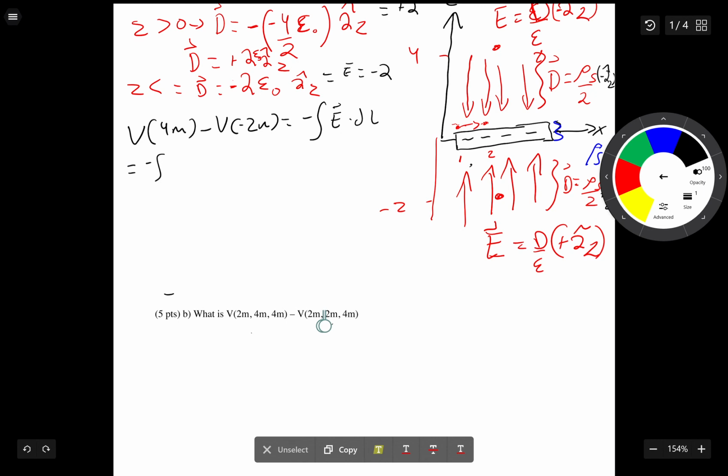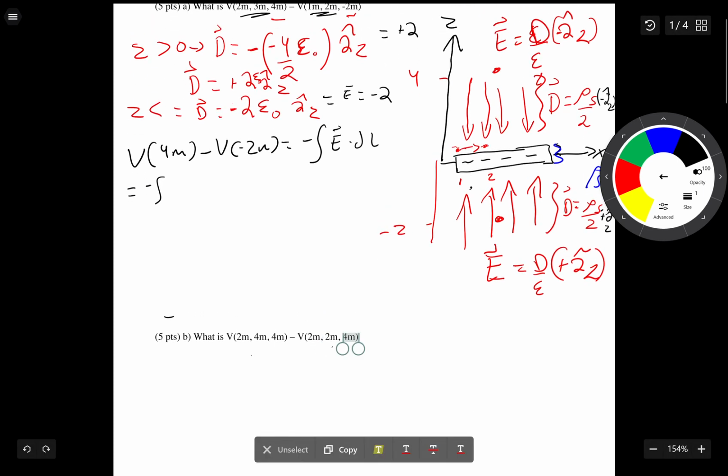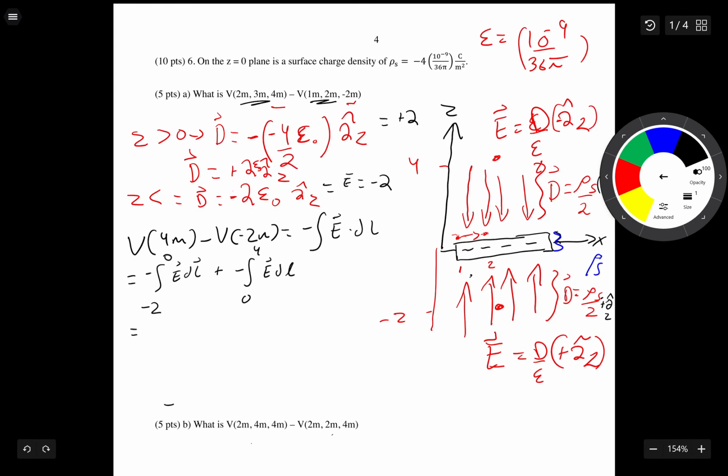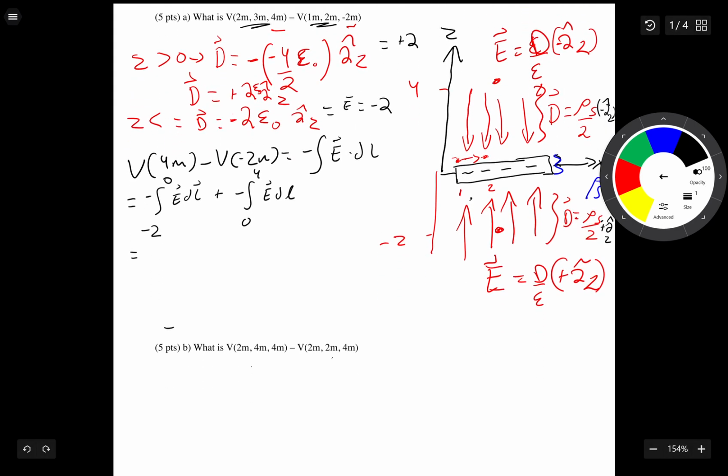Let's break our integral down because we essentially have two different values, and so we are moving from -2 to 0 of E dl plus 0 to 4 of E dl. So this is from here, right? We're moving from -2 to +4, yes.